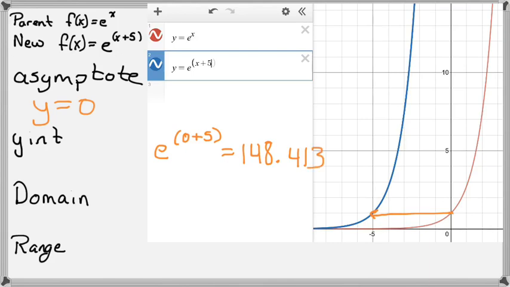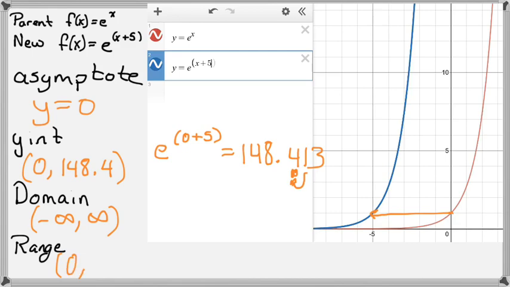And so I will need to read how it wants me to give the y-intercept. In our case, I'm going to tell you to round to the nearest tenth. So that 1 tells the 4 to stay alone. And so we have (0, 148.4). We said the domain was not going to change. And our range was not going to change because we had not moved off of the standard asymptote.